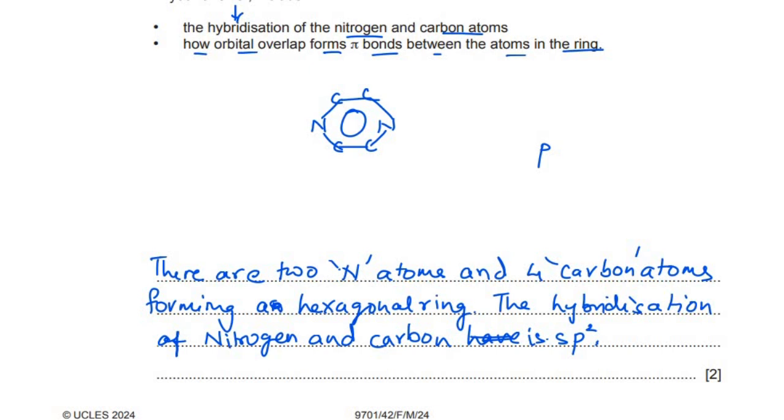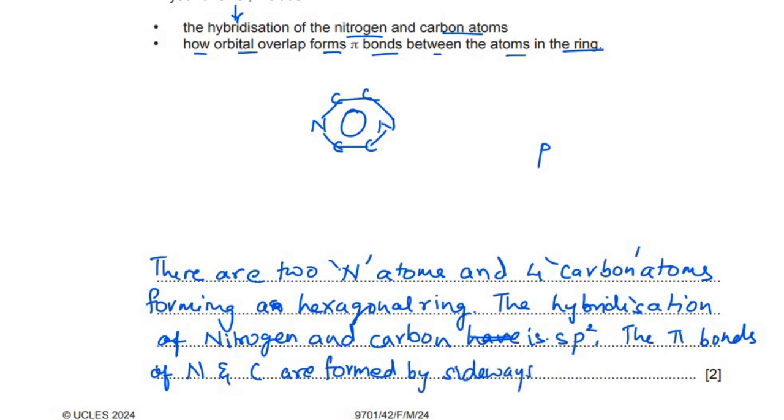So we can write that the pi bonds of nitrogen and carbon are formed by sideways overlap of p orbitals of nitrogen and carbon. So this is how we describe it. We have included both these things here, and we have described the structure of the ring also.